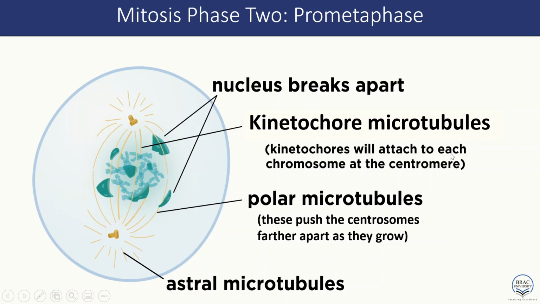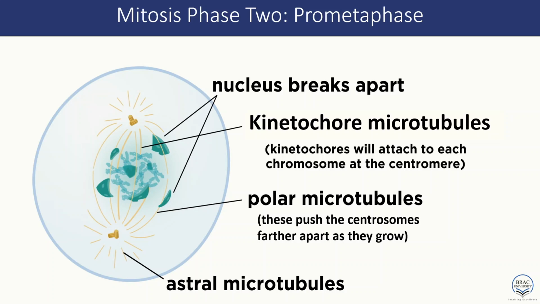Also note that the kinetochore proteins first need to attach to the centromere, and then the kinetochore microtubules attach to the kinetochore, and those microtubules are called the kinetochore microtubules here.